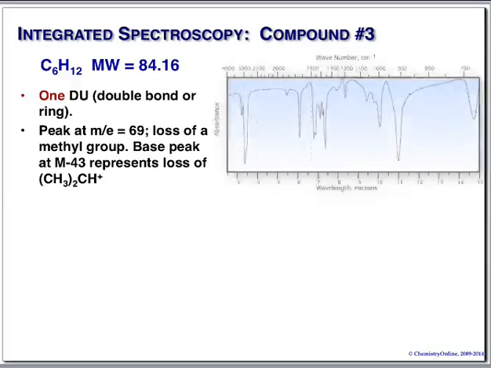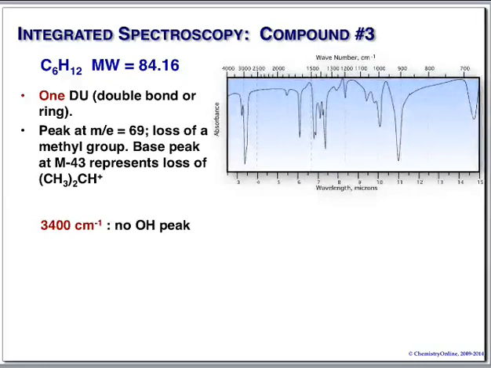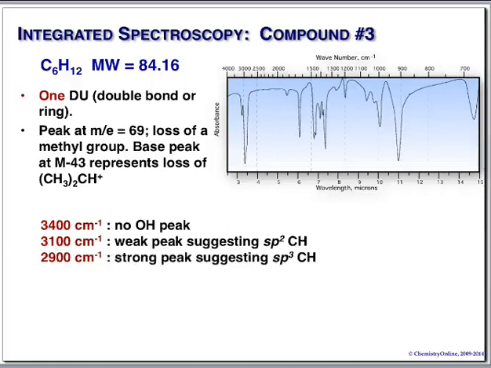Infrared. Do our usual. We'll start here at 3400, and there's nothing. Nice little sharp peak here at about 3100. That would be consistent with sp2 CH. Really nice big peak at 2900. We have no triple bonds.